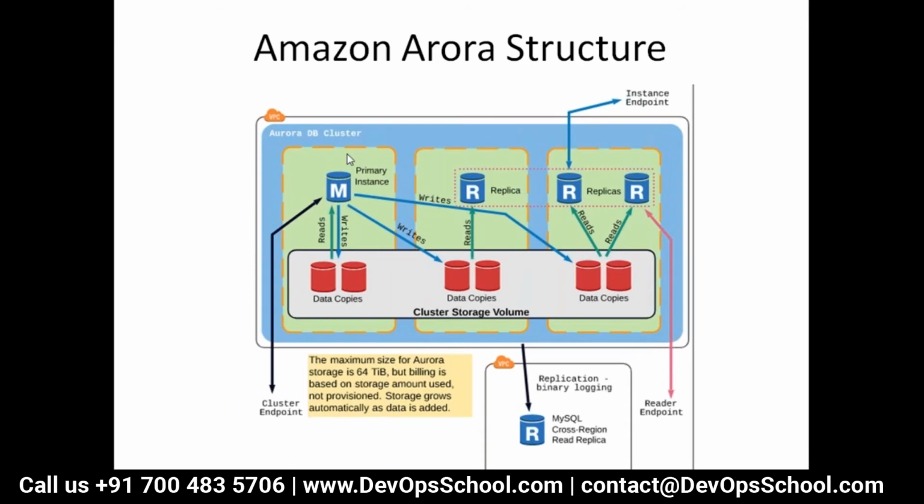There will be a primary, which is a master, and then multiple read replicas. Read replicas will have their separate endpoint. So that is how Aurora functions. Keep this in mind, it is a very scalable and high performance database engine from Amazon.